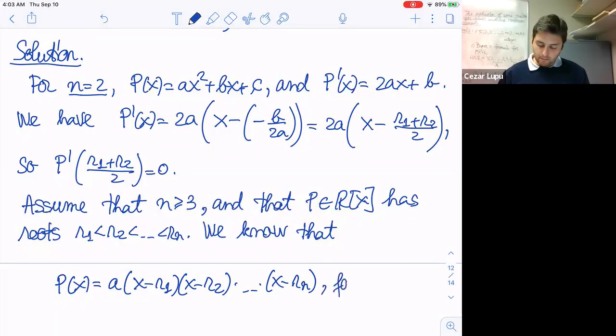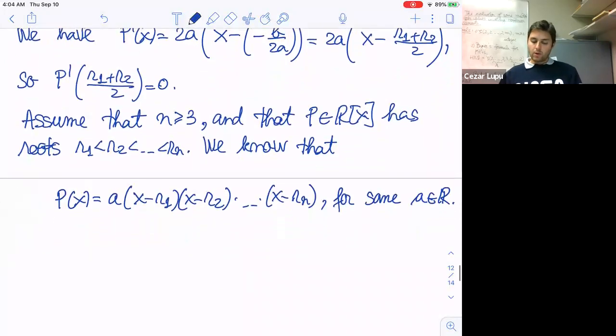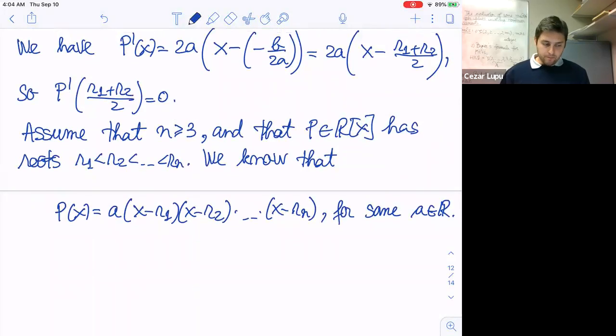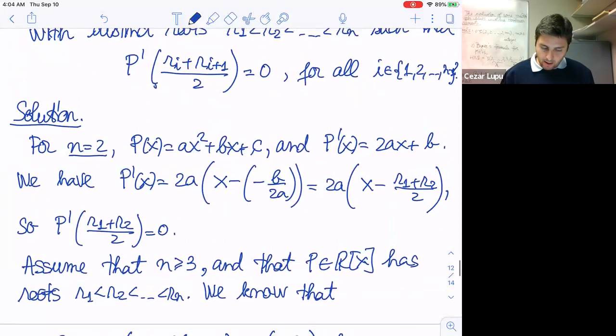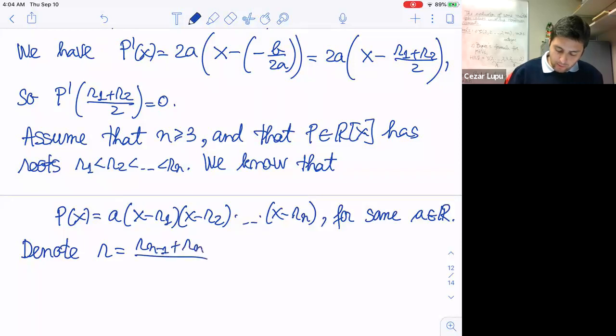For some real number a. Okay, and now let's denote the arithmetic mean between, let's say, two consecutive roots by r. Denote r, let's say, r(n-1) plus rn over 2, right?